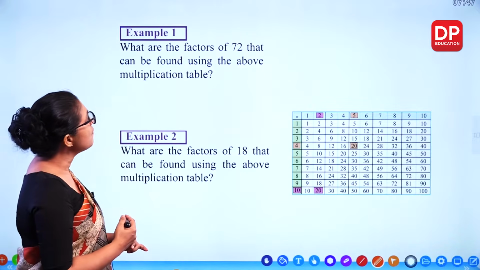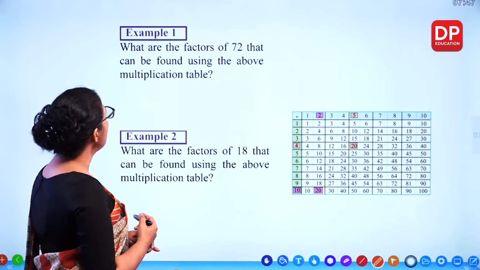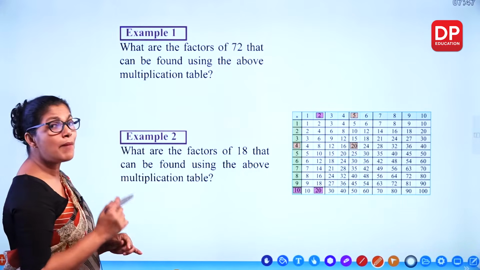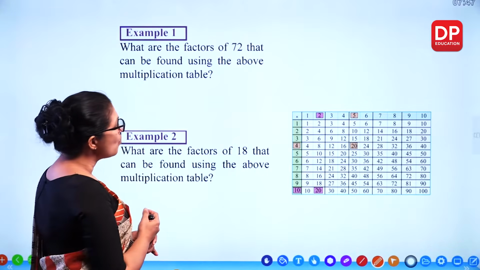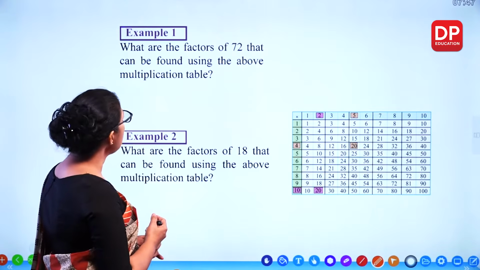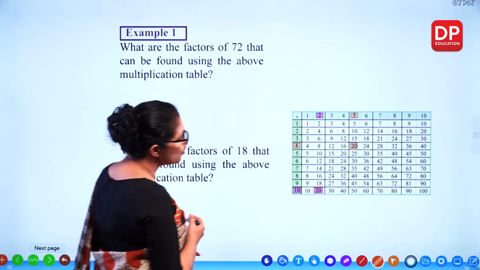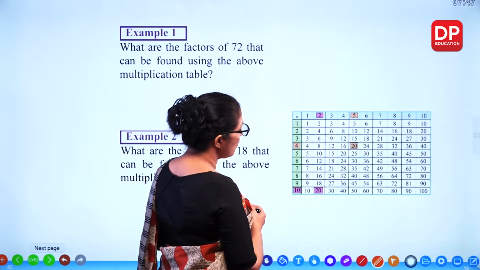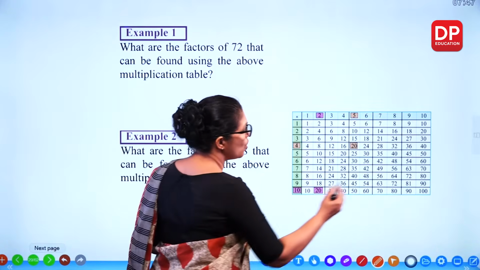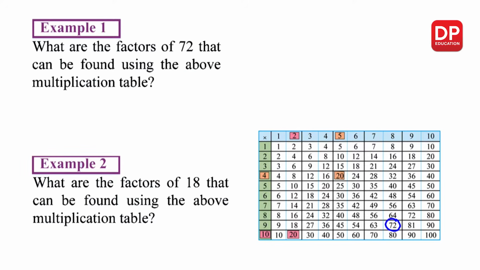Now we'll look at example number 1. What are the factors of 72 that can be found using the above multiplication table? So we'll look at the table and see how we get 72. Where do you get 72? One is here and another one is here.